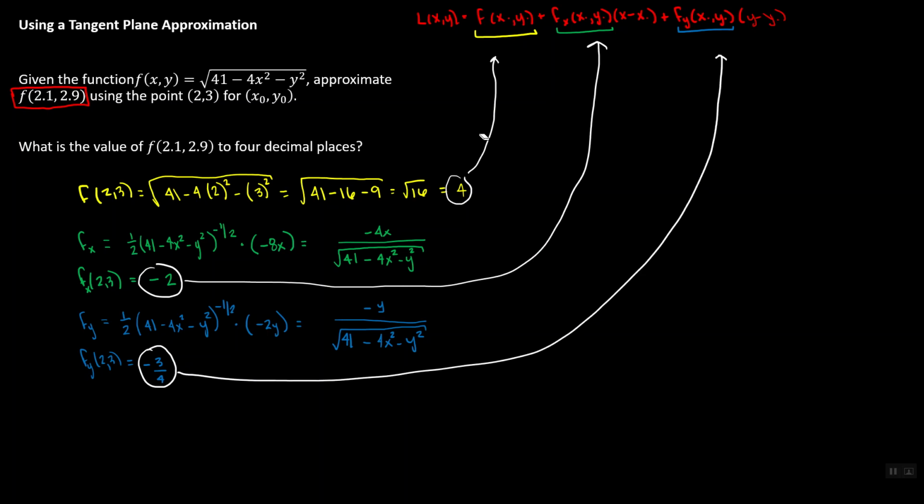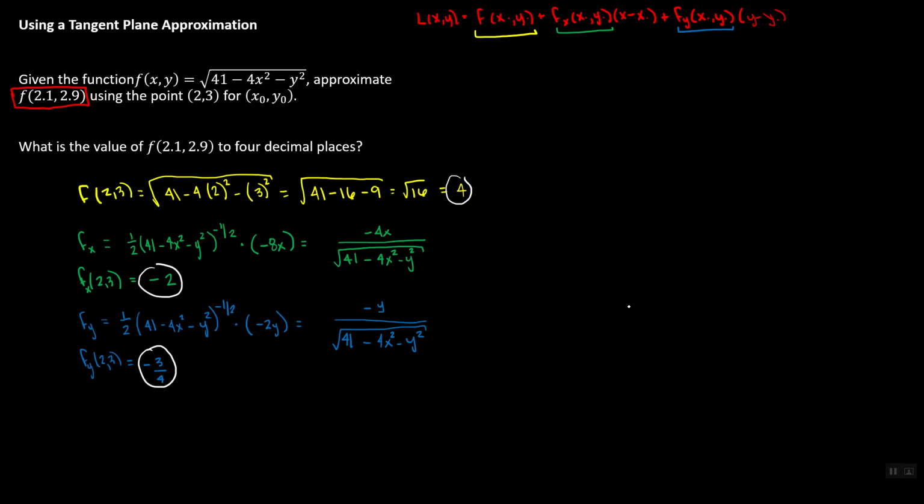So once we plug all of those things in, our L function of x and y is equal to 4 minus 2 times x minus x0, which is 2, minus 3/4 times y minus y0. y0 is 3.